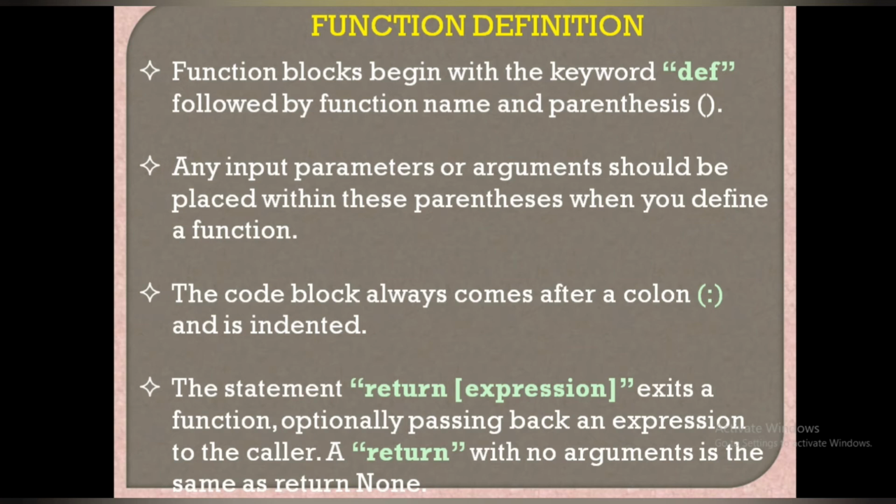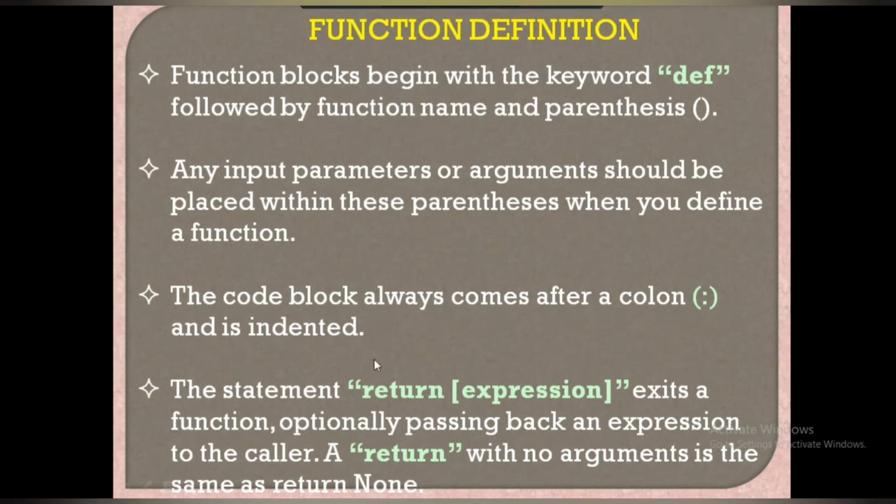Then you specify the expression. The return expression exits a function, optionally passing back an expression to the caller. A return with no arguments is the same as return None. When the function is finished, you can write a return statement.